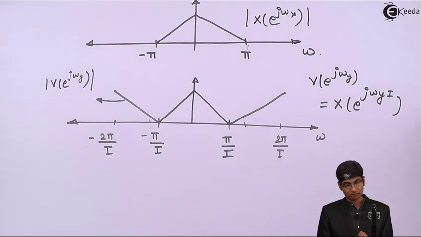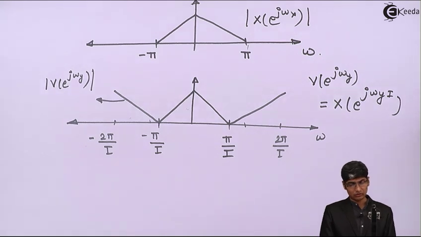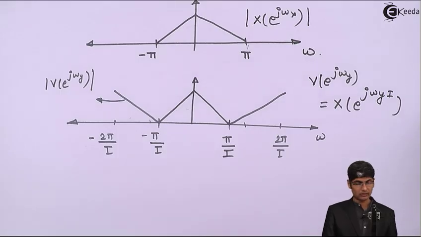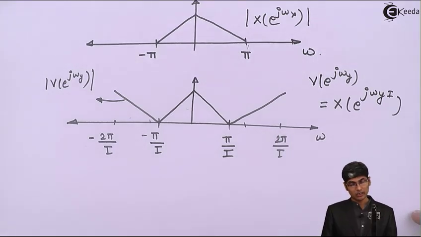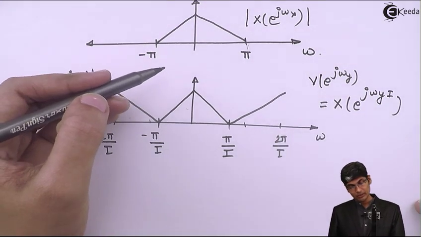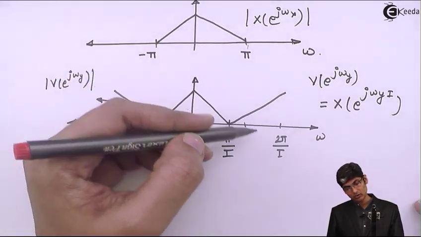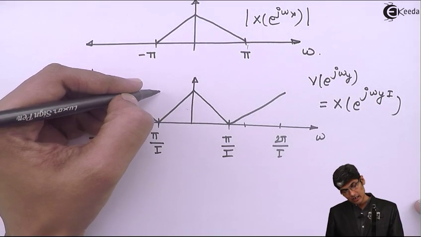So omega y times of I, that we have achieved. Yes, that is correct, because we are just substituting in place of z the value of e raised to j omega.